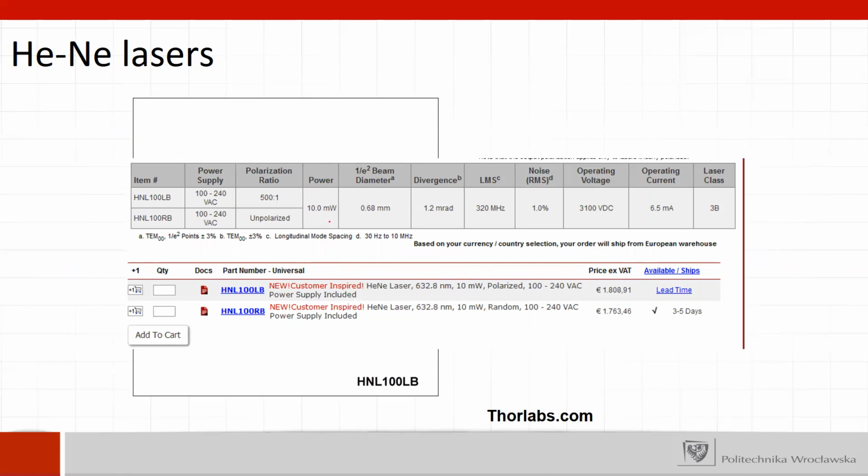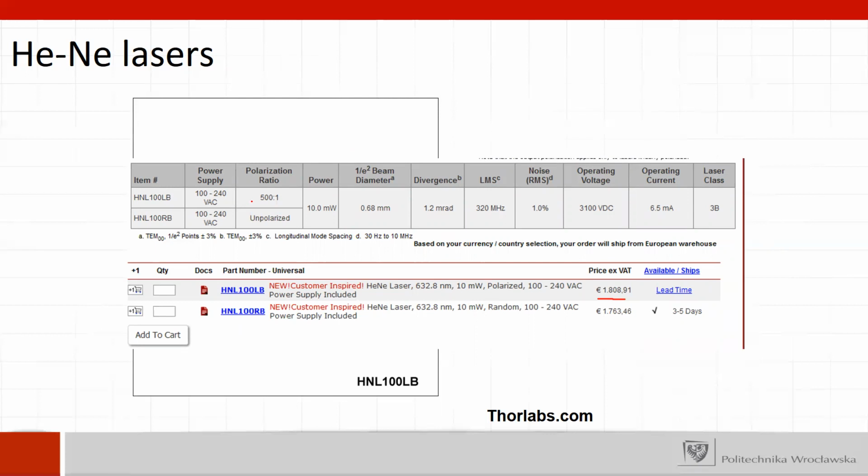Thorlabs is maybe not the best store where we would like to buy a helium neon laser because it's quite expensive, but you can see that the cost is around 1,800 euros.